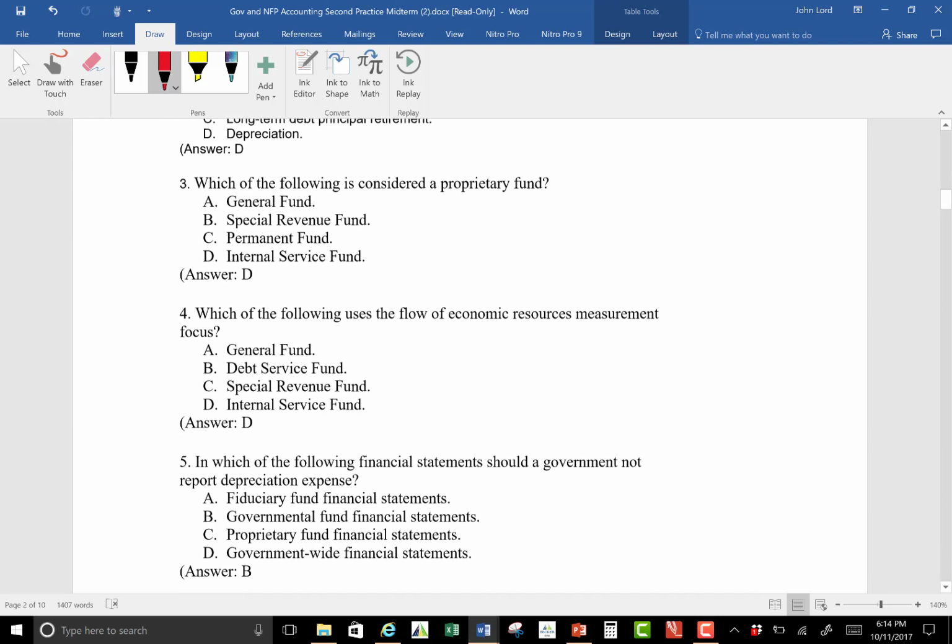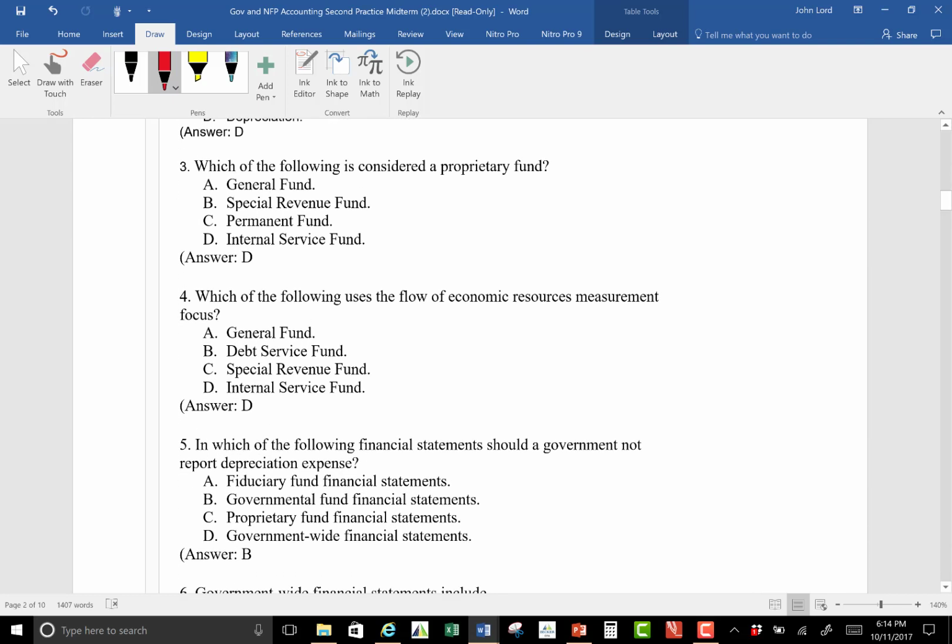Number 4, which of the following uses the flow of economic resources measurement focus? So we have the current financial resources measurement focus. That is the focus of the governmental funds, isn't it? Then we have our fiduciary funds and our proprietary funds that have an economic resources measurement focus, and that's the focus of our government-wide statements.